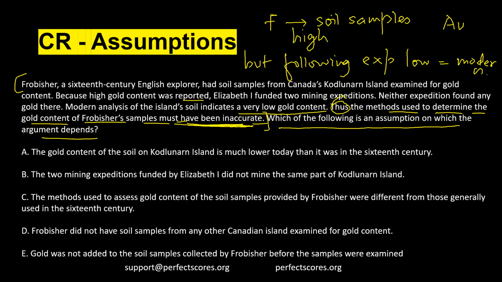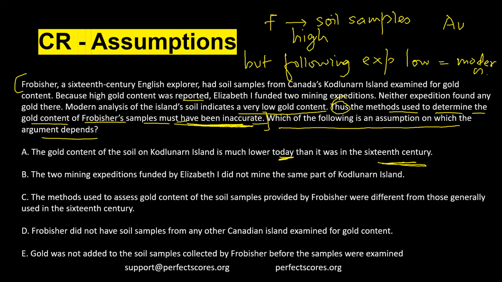Now, A talks about the gold content of the soil today as compared to the 16th century. So today is definitely talking about that modern analysis of the island's soil. And it says it's lower than it was in the 16th century.